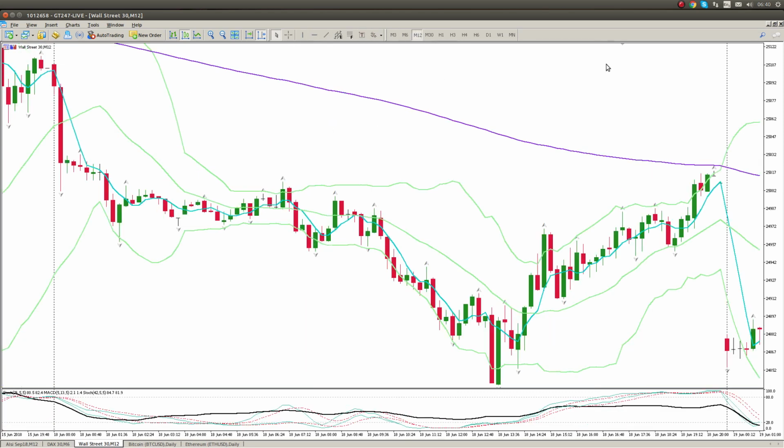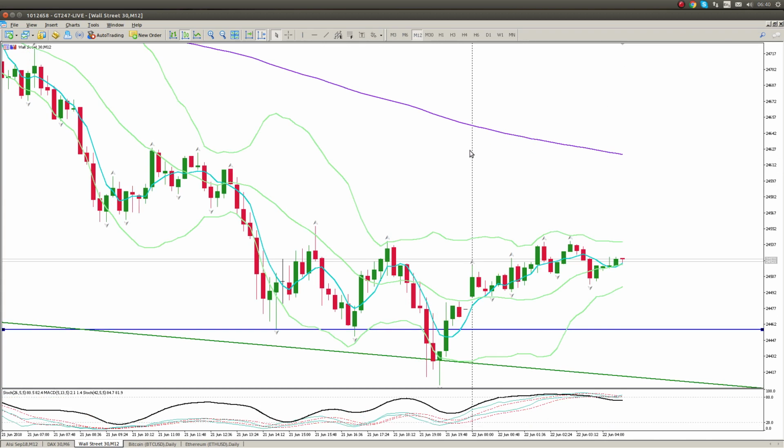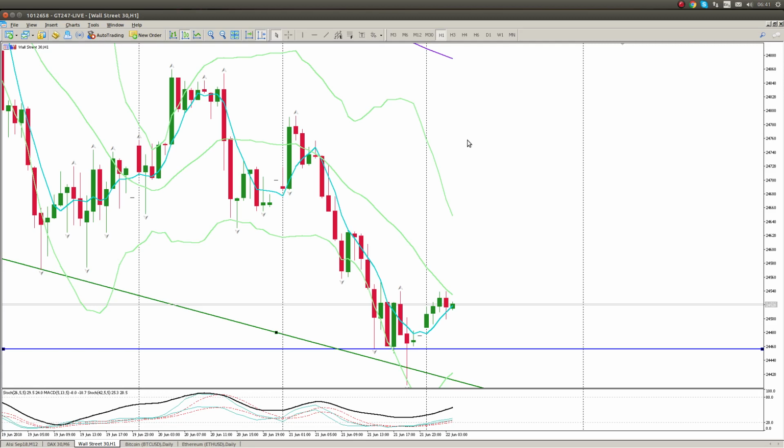I just want to get down to the 12 minutes. You can see where my entry was here, and we rallied a bit and then fell off and came back. So I will stay on this trade for now, because there is potential for a move to the upside, and that move to the upside may be short-lived.